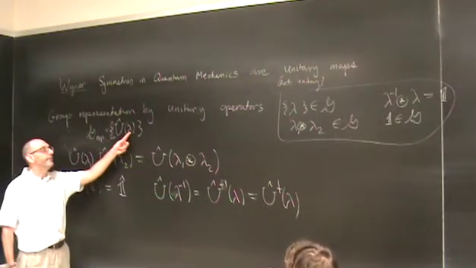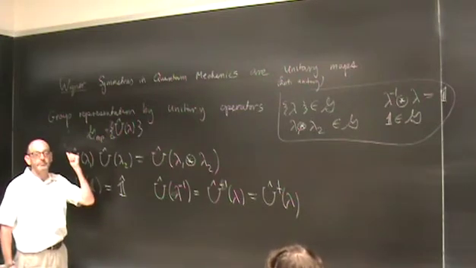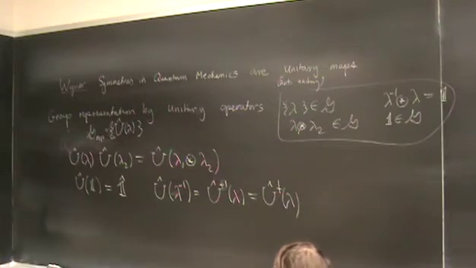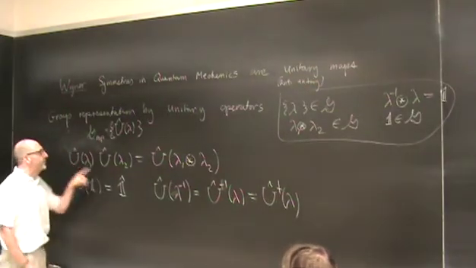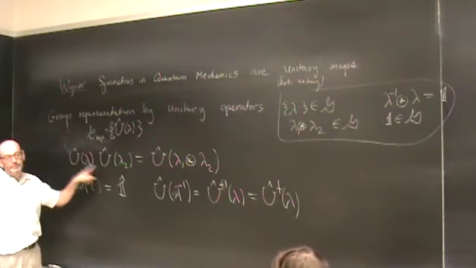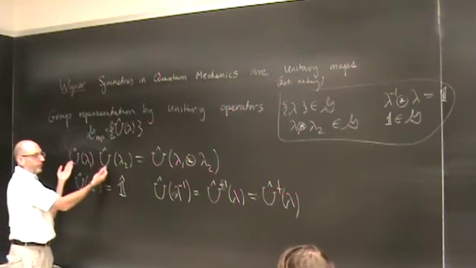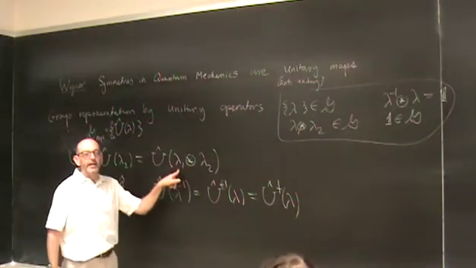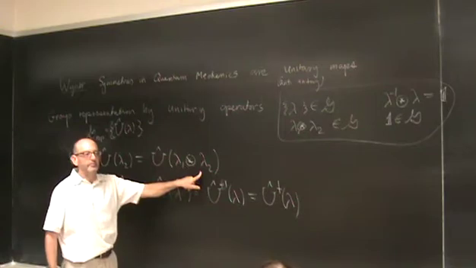So for every element of the group, there's an associated unitary operator. Okay? And this is a representation of the group in that the composition law is just the matrix multiplication, or the operator multiplication. So take two operators, multiply them together, that's the same thing as the operator that you would get if you did the group composition law.